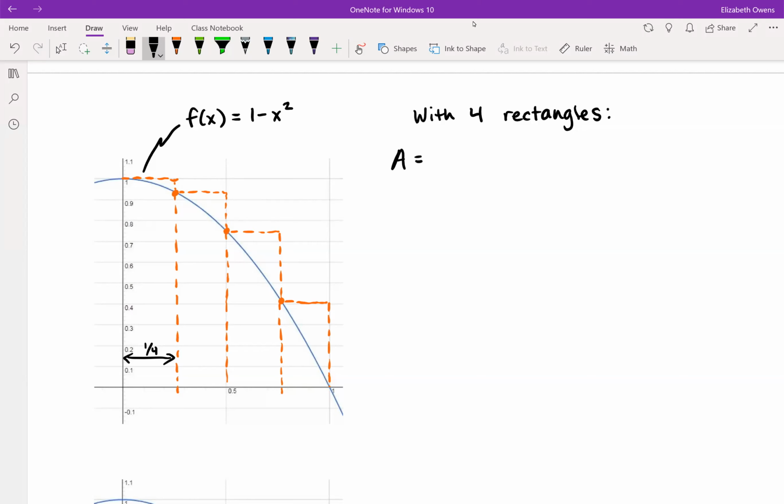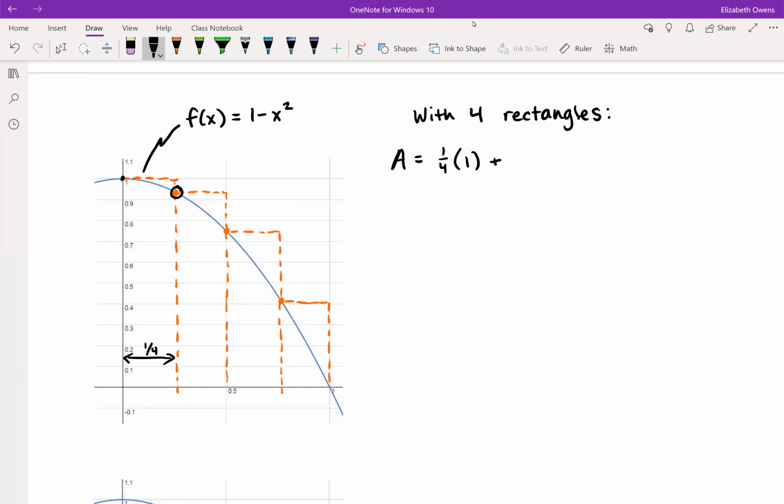So we're going to take 1/4 times the height of our first rectangle. We can see that that's 1. That goes all the way up to the top, the vertex of the parabola there. So 1. The next one, though, here's the point that we're basing the height off of.